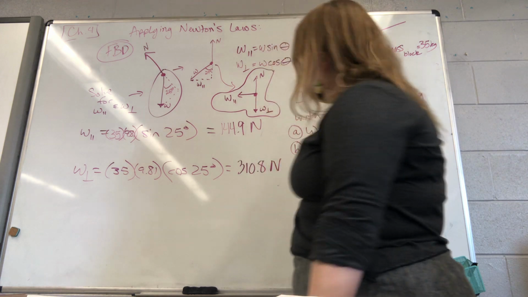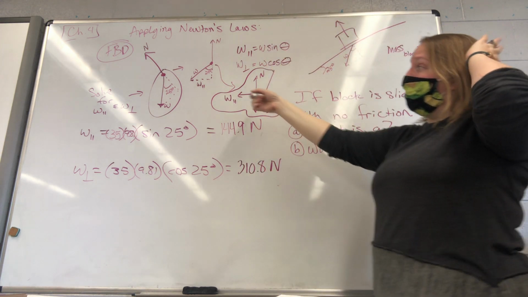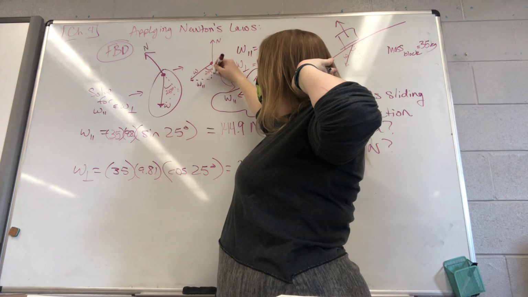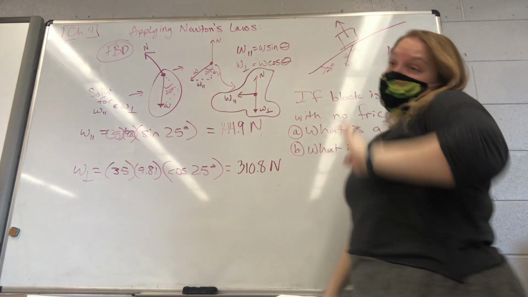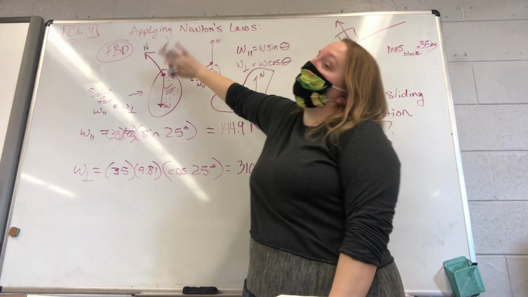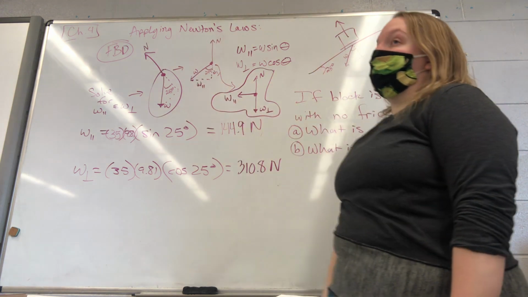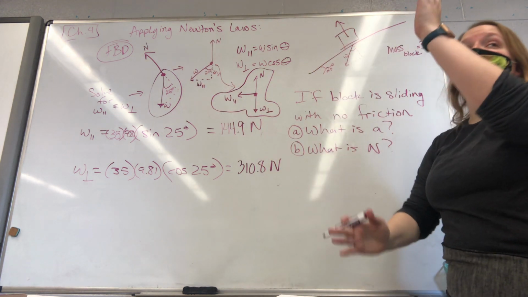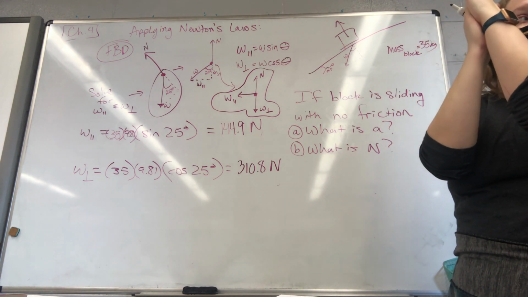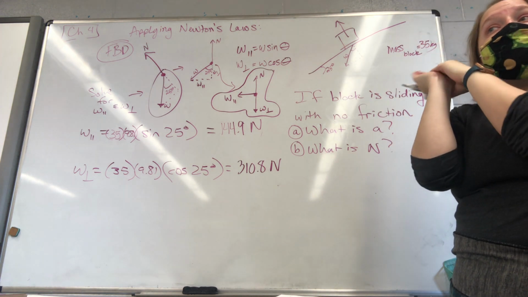Why are you able to do that? Because we just broke down this one, and then I turned it, and then I solved for components so that I could have x's and y's. Oh, okay. I want everything on an axis, always with free body diagrams, okay? And that's because the next thing we do is talk about F net.